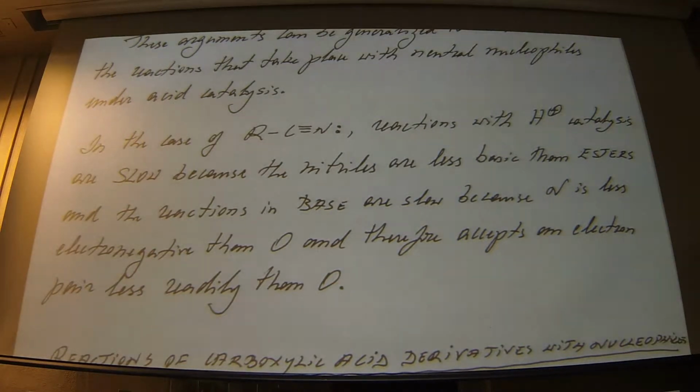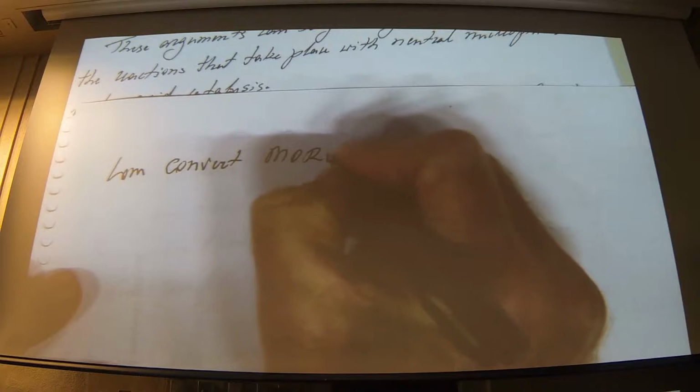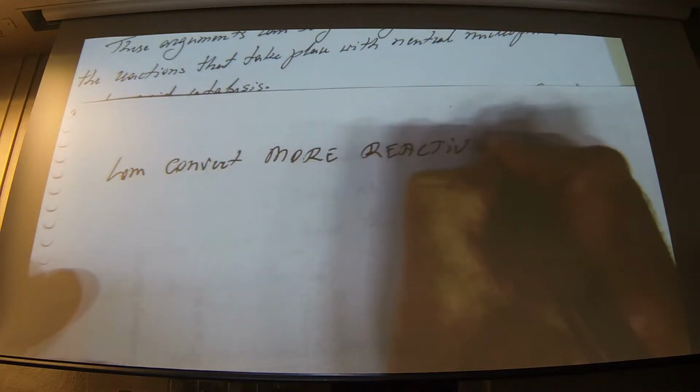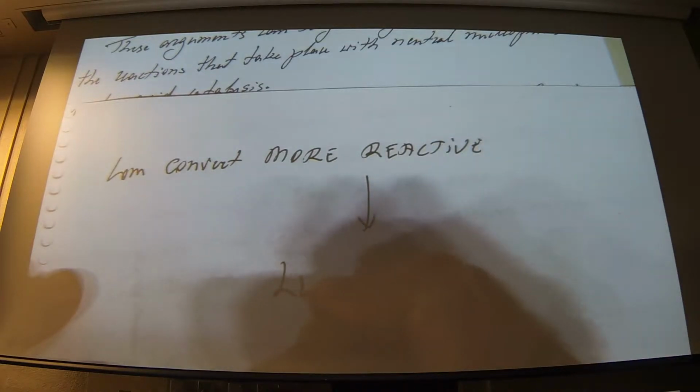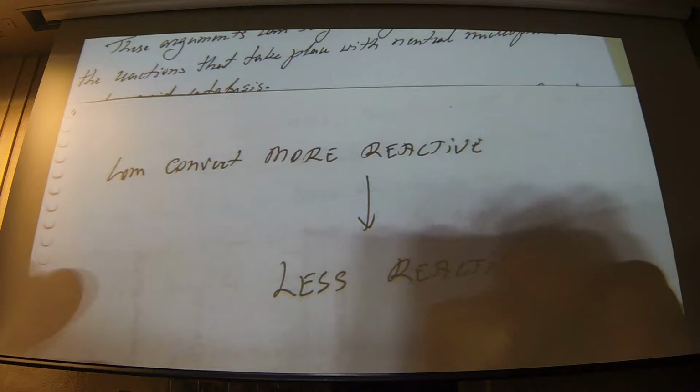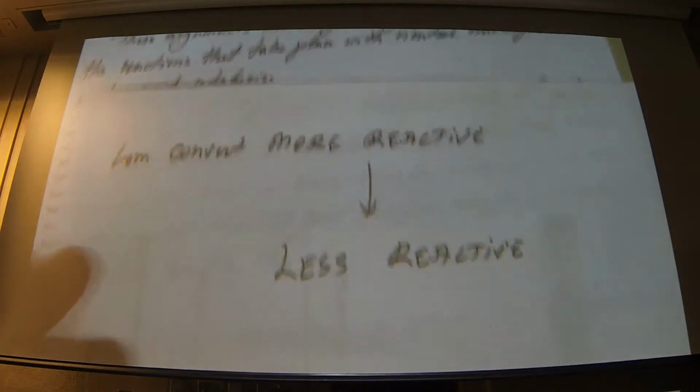There's a general rule that I want you to keep in mind, but also understand, and that is that you can always convert more reactive to less reactive. Now this is true in general, but it's definitely true here for the carbonyls.